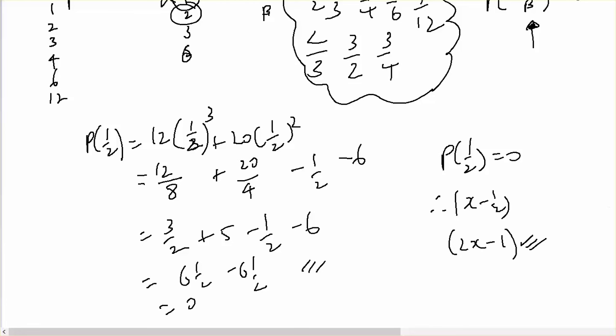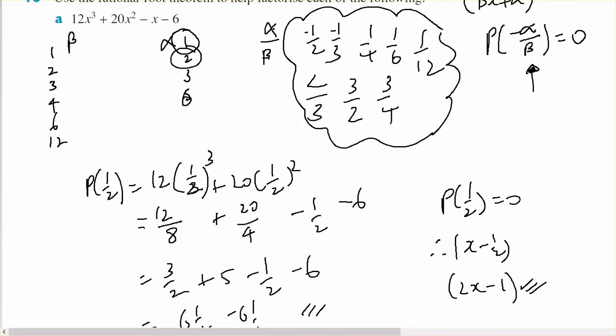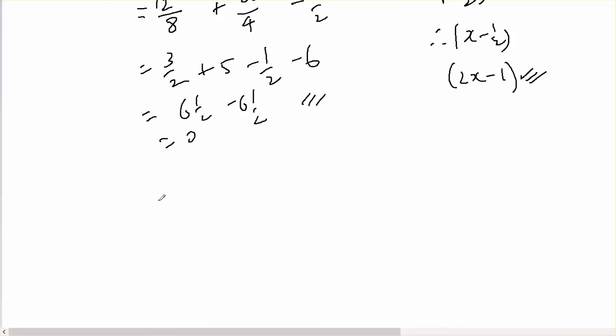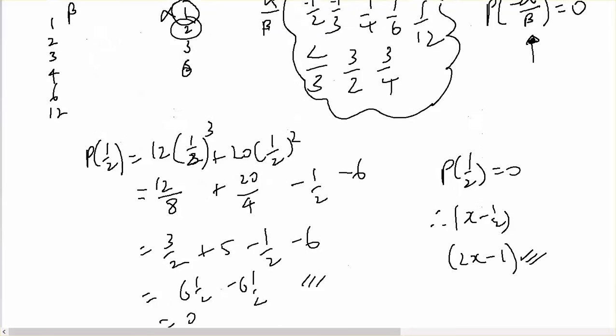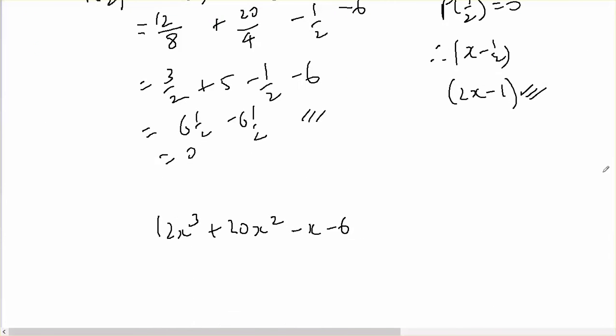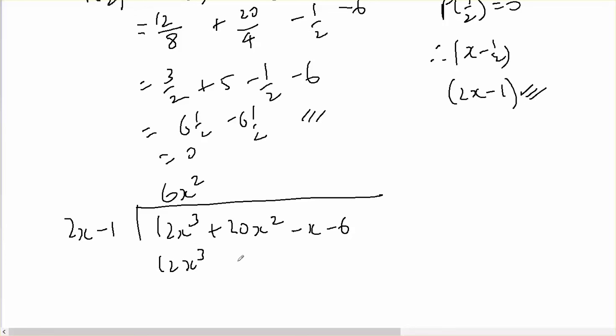I'm going to divide by 2x minus 1. So I've got 12x cubed plus 20x squared minus x minus 6, and I'm going to divide it by 2x minus 1. 2x goes into 12x cubed, 6x squared times. 6x squared times that is 12x cubed minus 6x squared.